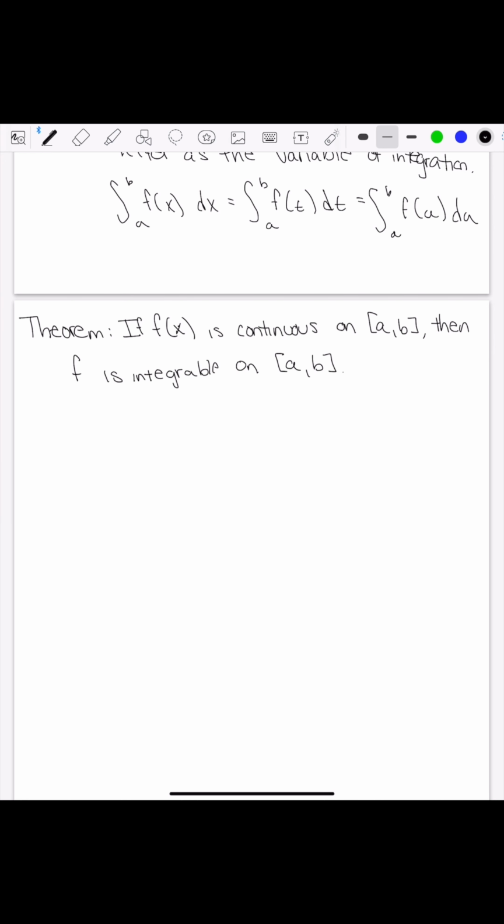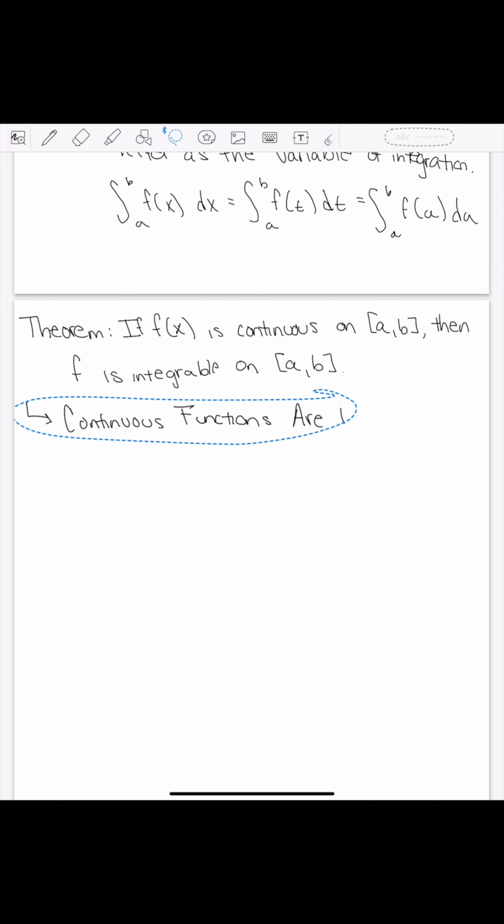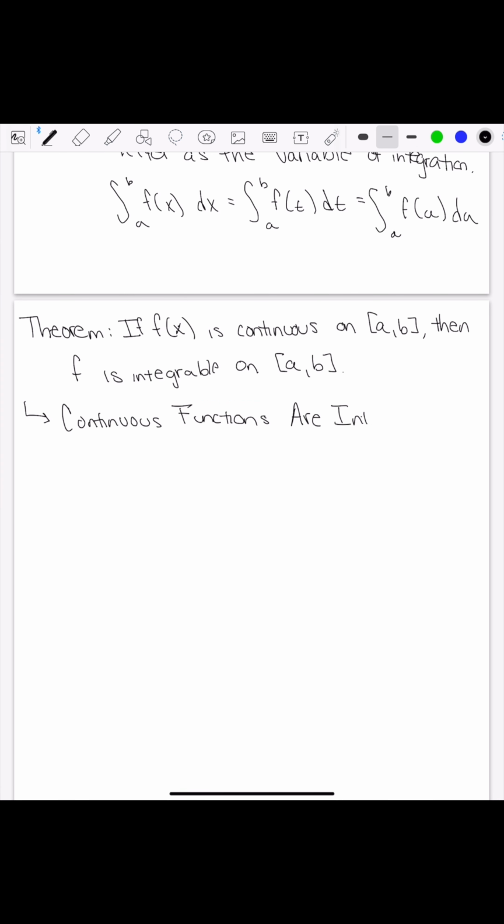And do you remember what continuity means? The simple intuitive definition of continuity that you learn in calculus 1 is that a function is continuous if you can draw it without taking your pencil off the paper. So there are no gaps, no jumps, nothing like that. So all continuous functions are integrable, which is nice.